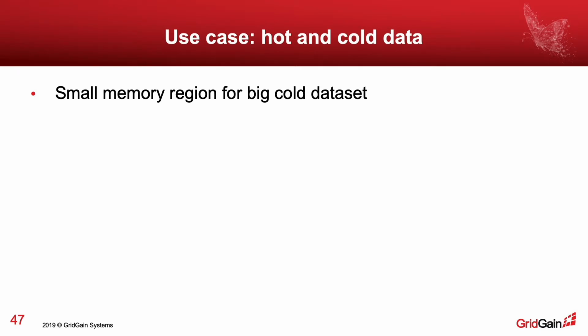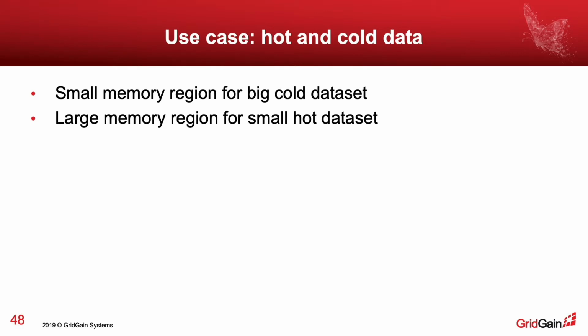The pattern is to configure a small persistent region for the big and cold data set, and to configure a large memory region for the small but hot data set that still requires in-memory speed.